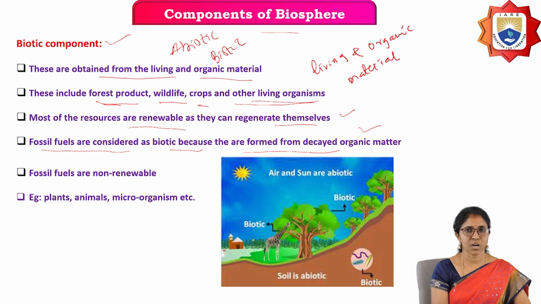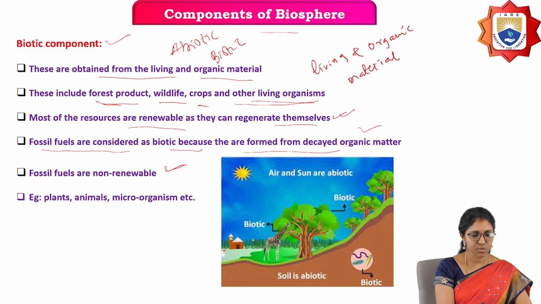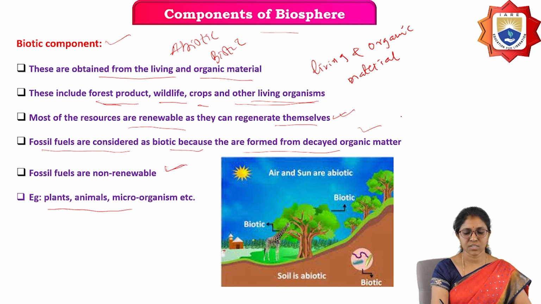So this also comes under the biotic component. These fossil fuels are non-renewable because they cannot regenerate themselves. Examples of biotic components are plants, animals, microorganisms, etc. So this is about the biotic component of biosphere.